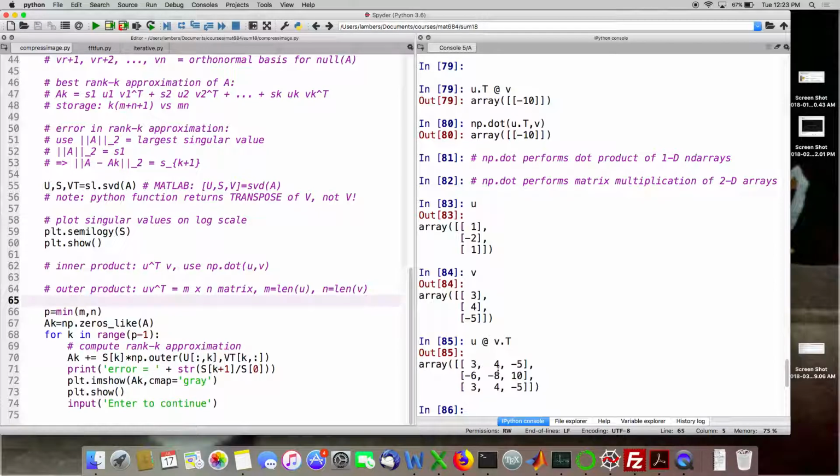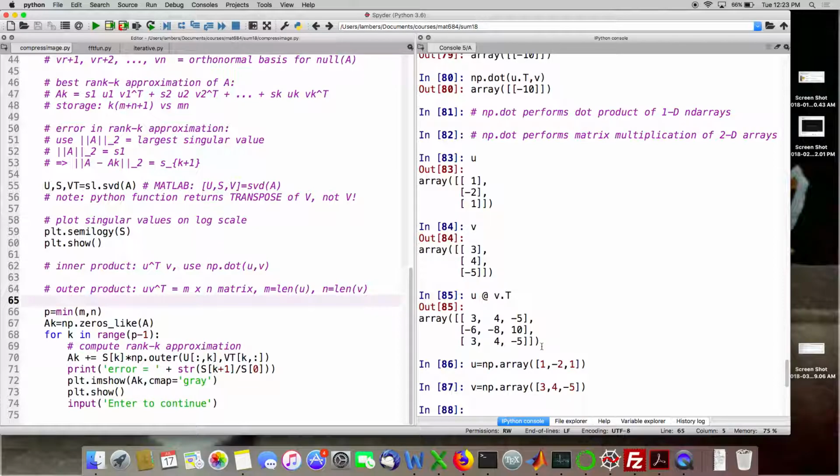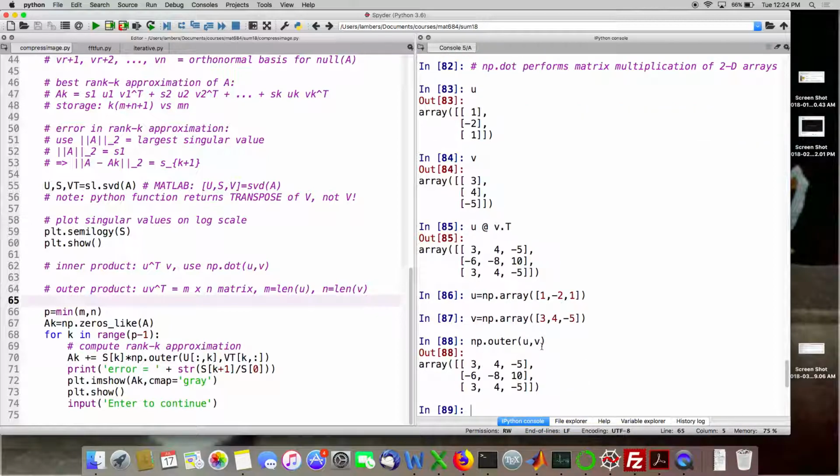The other possibility is, if I create U and V as one-dimensional arrays like I did before, I can do np.outer of U and V, and that has the same effect. So you can use the NumPy function outer for outer products.